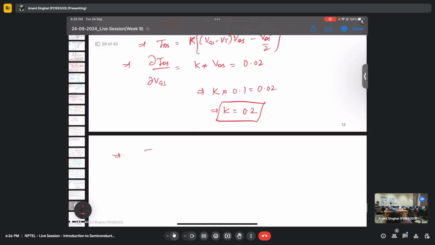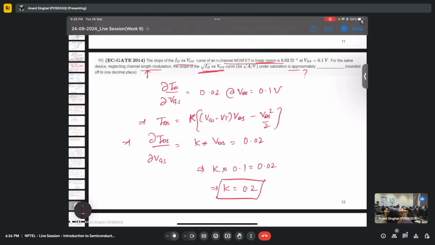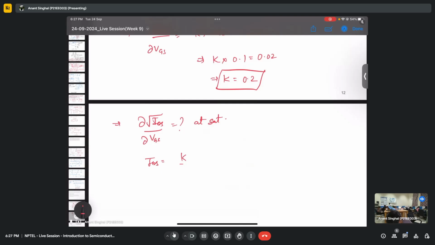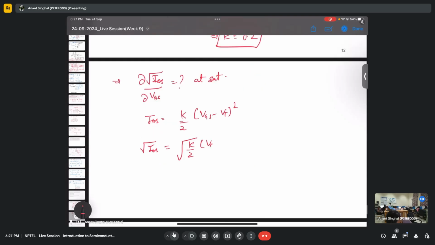And it is asking that in saturation, what is the slope of under root ID by VGS. So basically it is asking del under root IDS by del VG at saturation. At saturation, the equation we know is K by 2 into VGS minus VT whole square. So can I write under root IDS is under root K by 2 into VGS minus VT? Can I write this? Yes, sir.